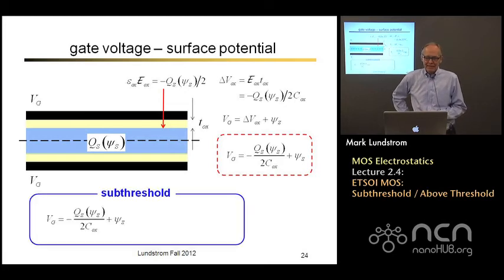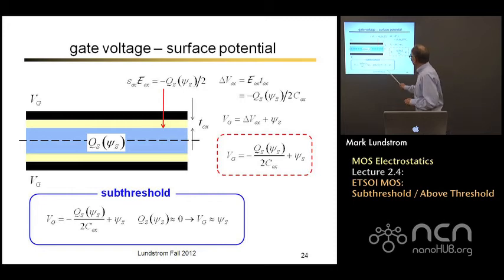Okay. Now, if I look at this in subthreshold conditions, the amount of charge induced here is very small. So the first term in this expression is close to 0. And what that means is that the gate voltage is essentially the semiconductor potential.